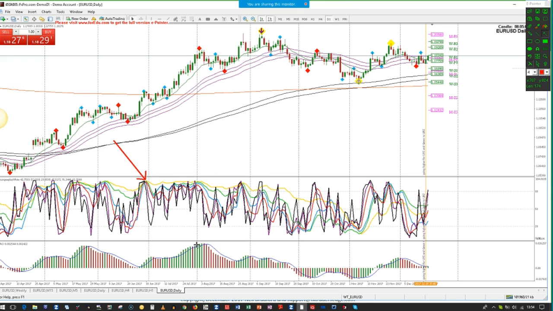But there they are. This is the awesome oscillator block that it relates to. And within that block, that's the high, that's the candle high. So that high relates to that awesome oscillator peak.